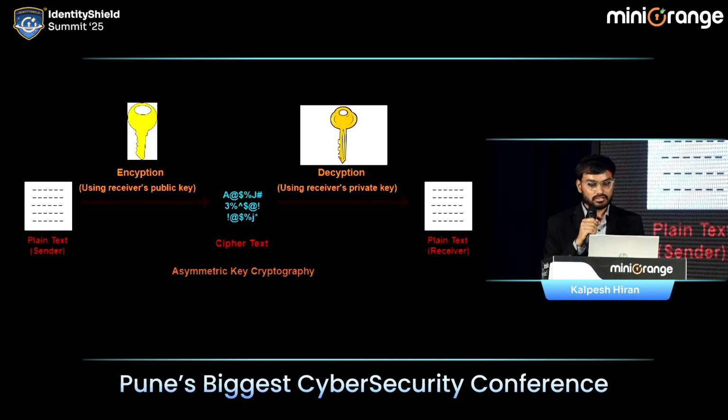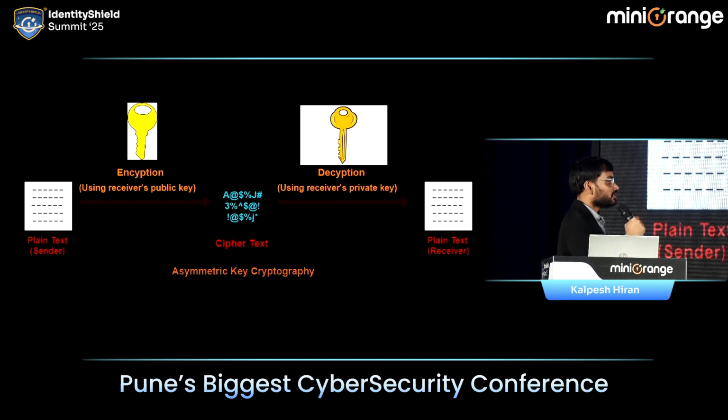I'll just explain with this. Here you can see two keys. One is a public key and one is a private key. For encryption we'll use the public key, and for decryption the private key will be used. Each of them comes in a pair. Whenever you generate asymmetric keys, two keys are always generated: one is the public key, the other is the private key.